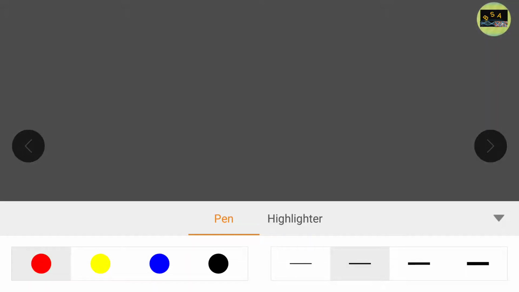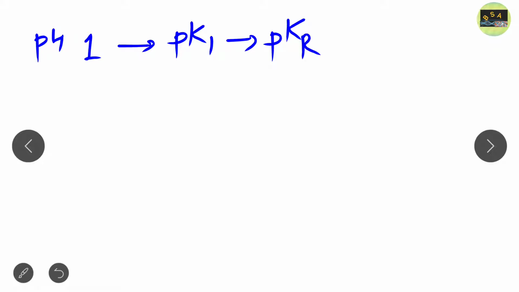For that we have to follow this rule: at pH 1 we arrange, then we go for pK1, as the pK1 value is 2, then we have to add pKr. Why pKr? Because pKr is there in the case of an ionizable side chain. And why do we add pKr first and then pK2? Because the pKr value for glutamic acid, as we discussed earlier, is 4.